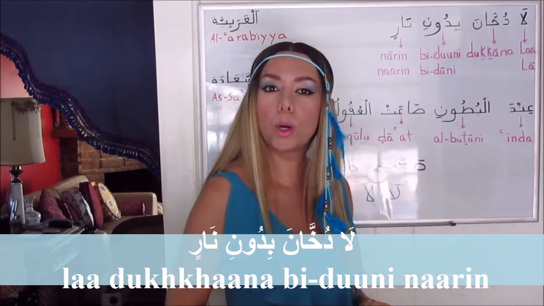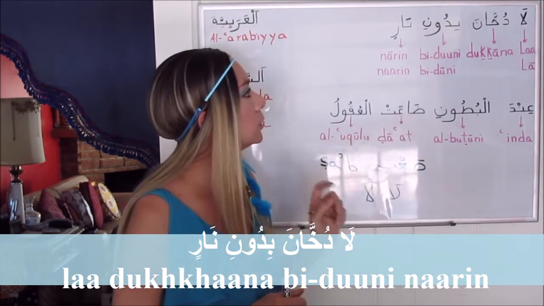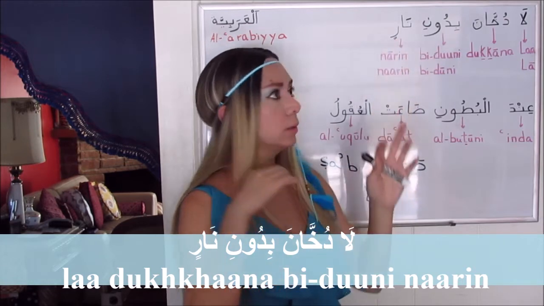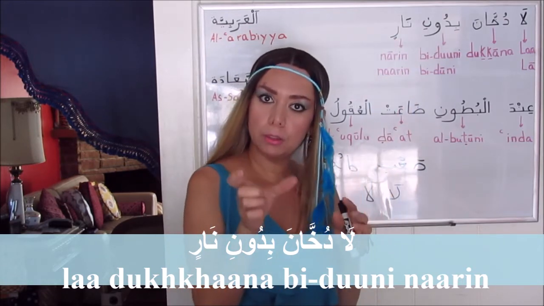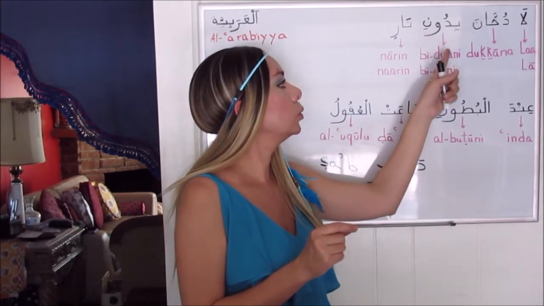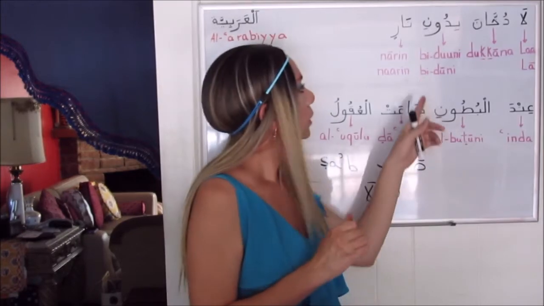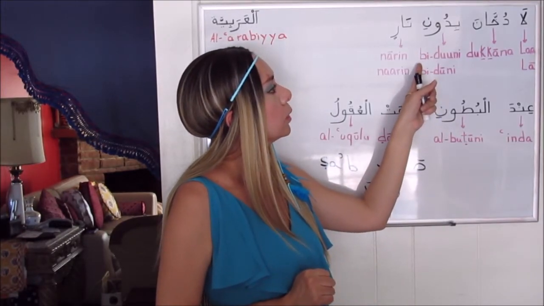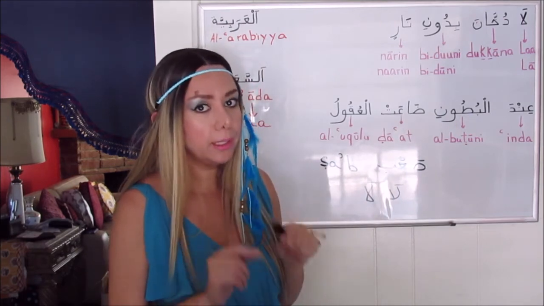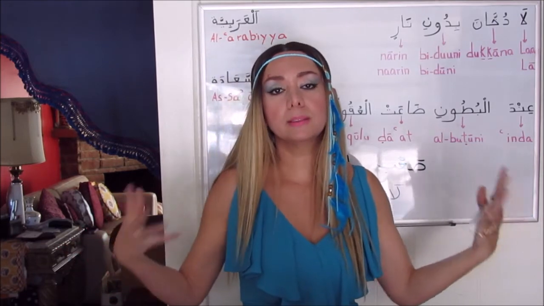Dukhan, smoke. Biduni, without. We have a B, and here this is a compound word. We have the preposition B attached to dun. Biduni means without. That's why we put a hyphen in between, to indicate that B is not a built-in part.